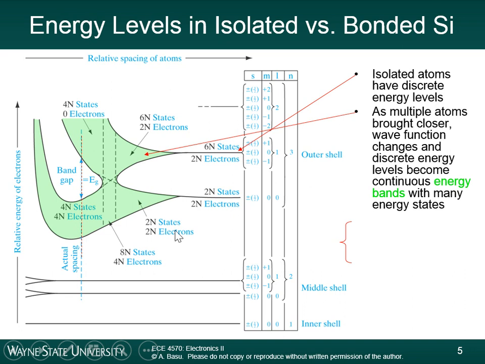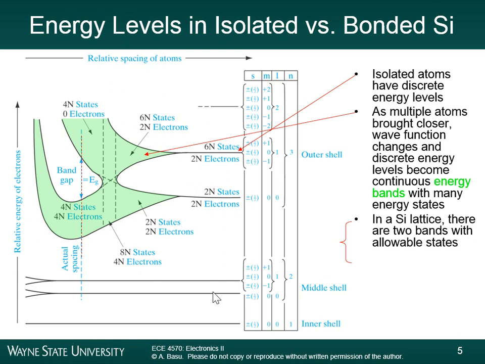So this is what these different energy bands look like. If we want to draw the energy band diagram for a specific material, and we know what the interatomic spacing is, then we would just find one vertical line along this graph, and then we would be able to see the distribution of energy states in the conduction band, and the distribution of energy states in the valence band here.